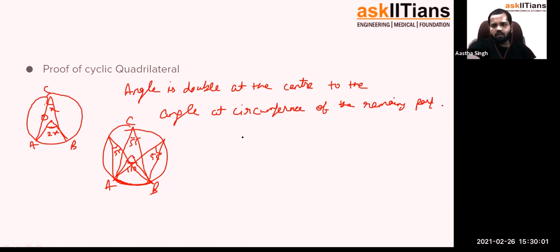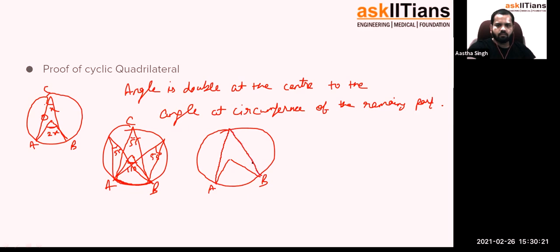Let me give you a very short proof of how to prove this property, right? Suppose a circle is there, let us say the center is O, and points A and B. Suppose this point is C, right?